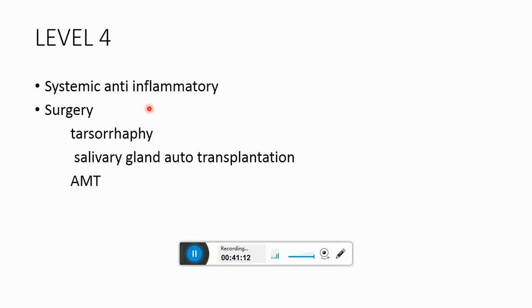Doxycycline may be preferred to minocycline on the grounds of adverse effect profile. Topical cyclosporine, usually 0.05%, reduces T cell mediated inflammation of lacrimal tissue, resulting in an increase in the number of goblet cells and reversal of squamous metaplasia of the conjunctiva.